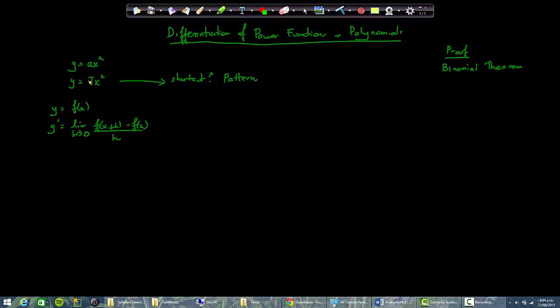So let's start off with this example here. So here's our function, and let's derive this from first principles. I'm taking the original function, substituting x plus h into it, subtracting the original function, dividing by h, this first principles approach here, and then we need to calculate that limit.